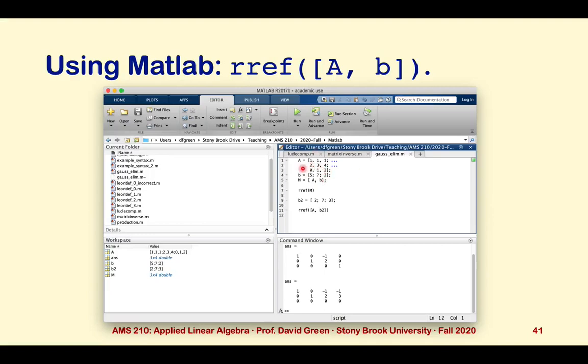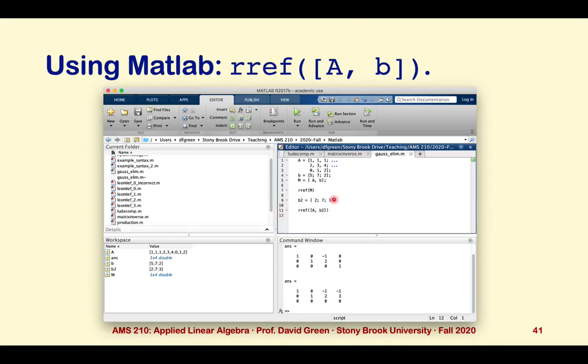We set up our matrix A, our vector b, our augmented matrix, and then I solve the system with RREF of M. I also add a second right-hand side and now try to solve this system. We can do this in an inline form, RREF on the matrix A2. This lets us get the solution to this.